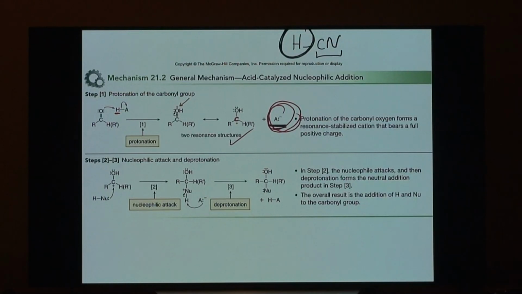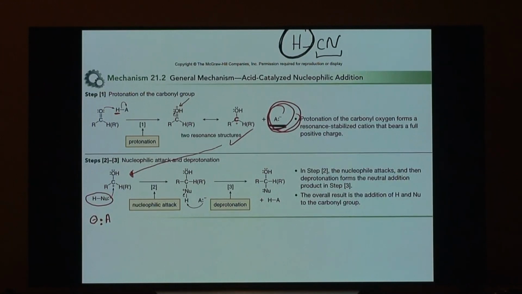And then this structure over here is going to carry to the second step, and it's going to react with the nucleophile. Now what I would do is, you have an option in here. I would cut this, make it easier. So instead of using an H and U, I would go ahead and use the A minus right away.